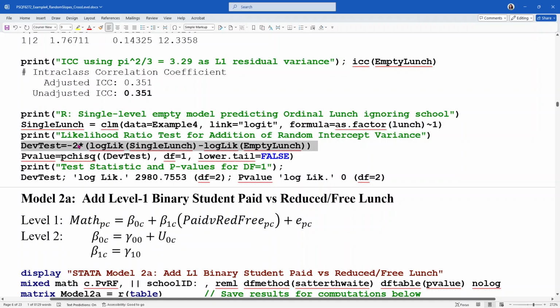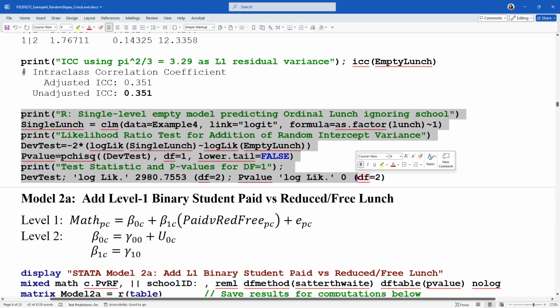So I have the -2 times the log likelihood extracted from this single level lunch model, minus that from the empty lunch model that had the random intercept. And so then I get my test statistic for a model that has 2 parameters, and the p-value is 0 to many, many decimal places. So this is what you'll have to do, is just manually fit the nested model and write it out.